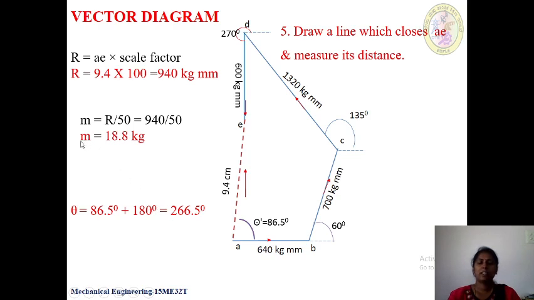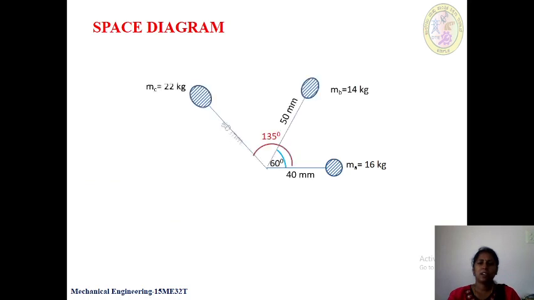Finally, our balancing mass is 18.8 kg and at the theta value of 266.5 degrees. Represent the balancing mass and resultant in a space diagram.